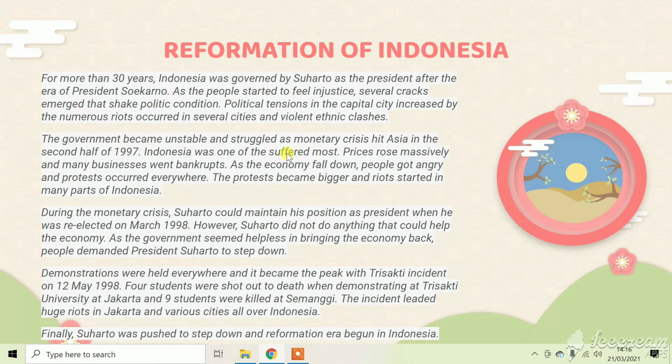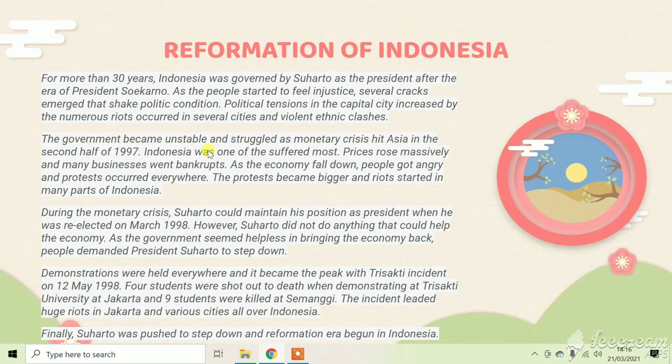It is the events of the Reformation of Indonesia. In the second paragraph, the writer gives the information that the government became unstable and struggled because of the monetary crisis in Asia in the second half of 1997. So it is a kind of information.